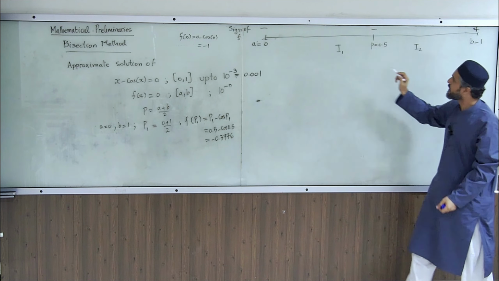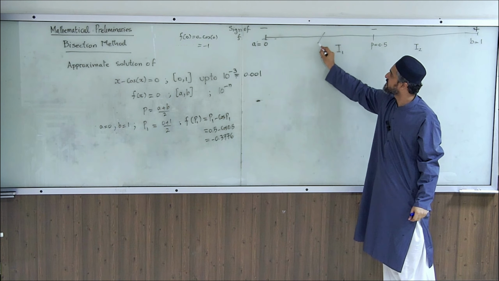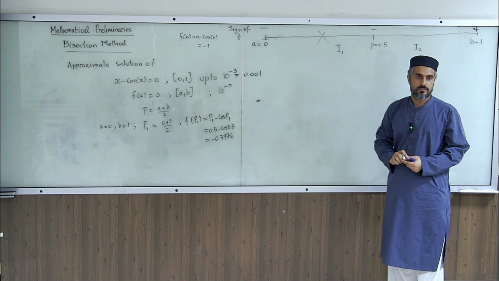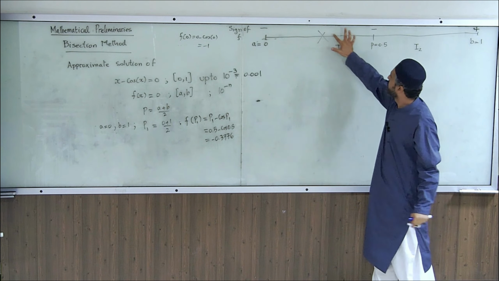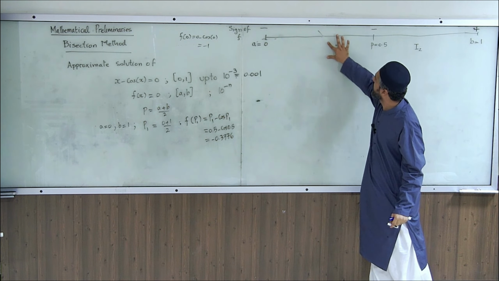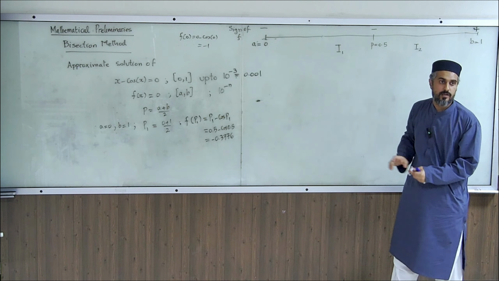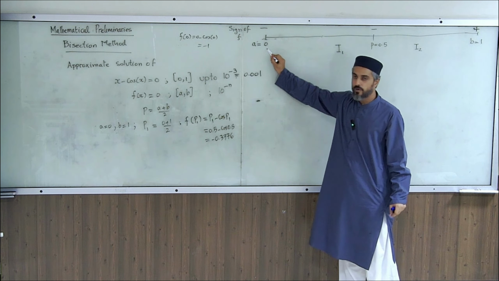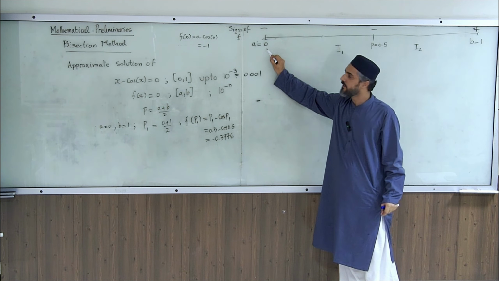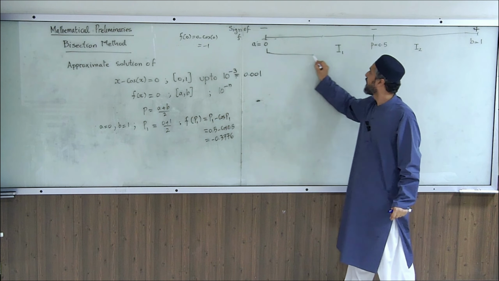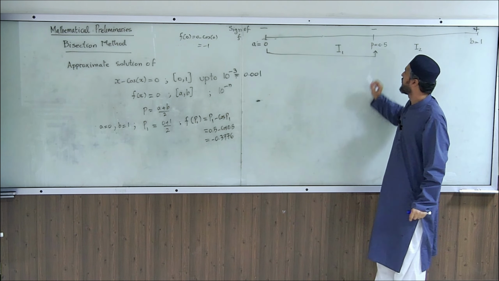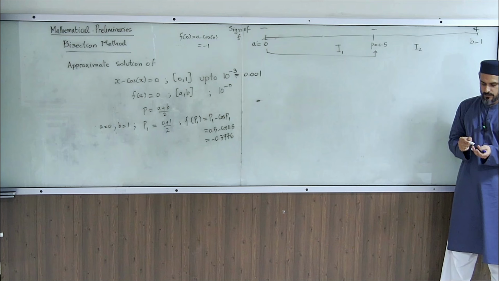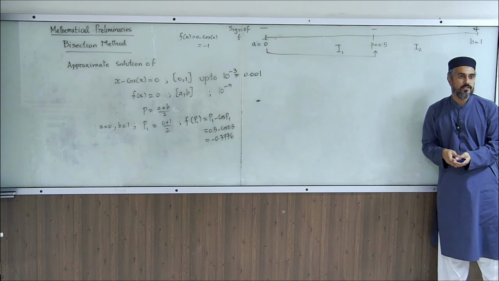So I need to discard this portion. I don't need it. In other words, I need to look in this particular subinterval. So I make this point A travel from here to here, because I don't need A at this portion now.